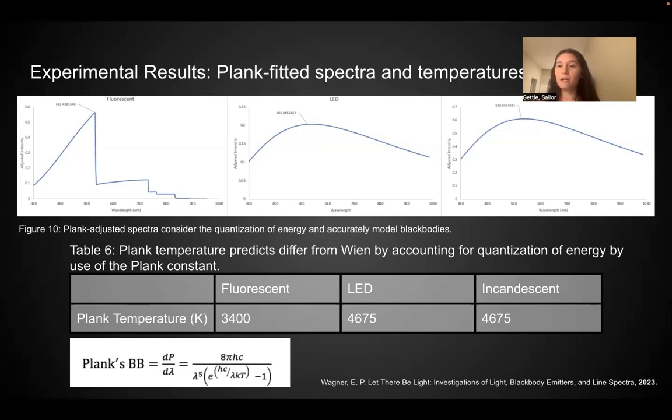And the Planck-fitted spectra is different because it now accounts for the quantization of energy by using the h in the equation at the bottom, which is Planck's constant. And as we can see, this does affect the temperatures. But overall, the incandescent has a relatively high temperature compared to what the Wien equation initially predicted.